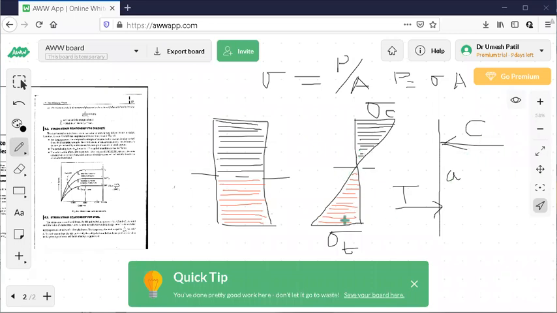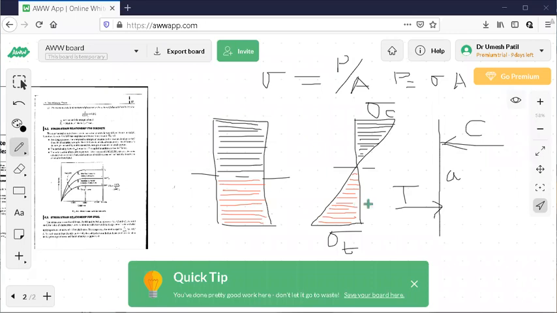Similarly, below the neutral axis, I will calculate the tension force. Tension force is again P equal to sigma into A. I am going to find out the tension forces in each of these layers. Then I will add these forces. Every layer has some force, and all these forces are added together.